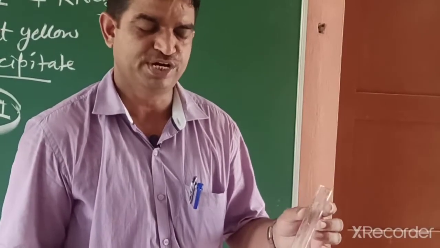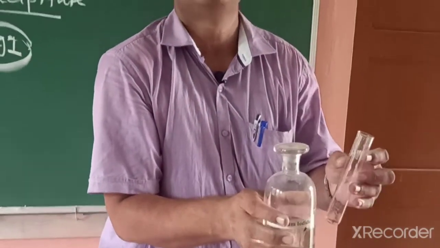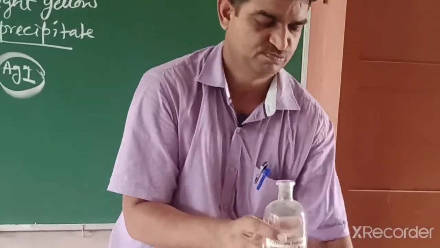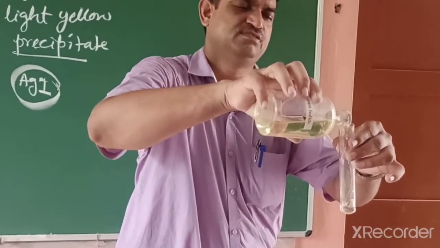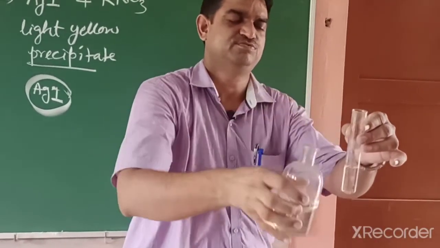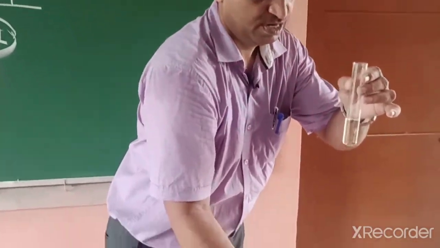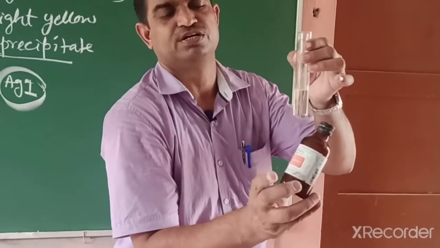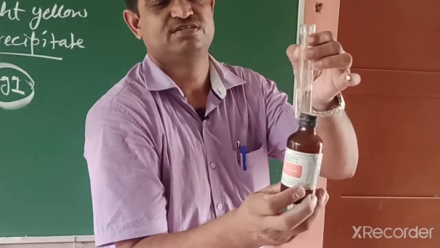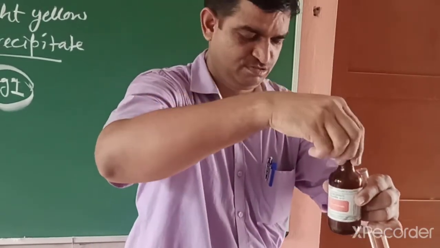Now I am showing you the activity. I take potassium iodide in a test tube. You can see this is potassium iodide in a test tube. And in this test tube, I mix silver nitrate solution. Silver nitrate solution is colorless.